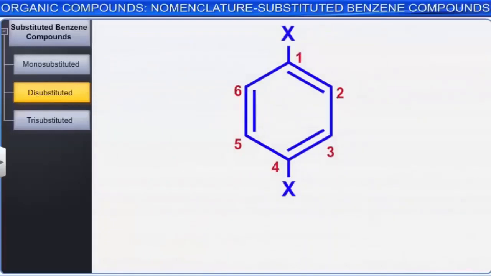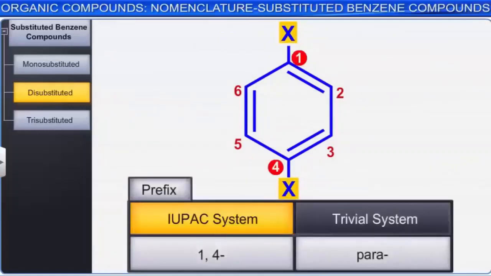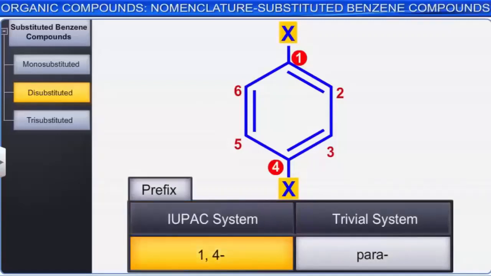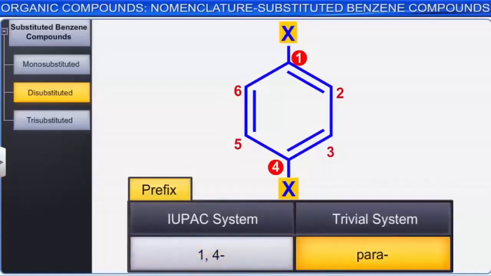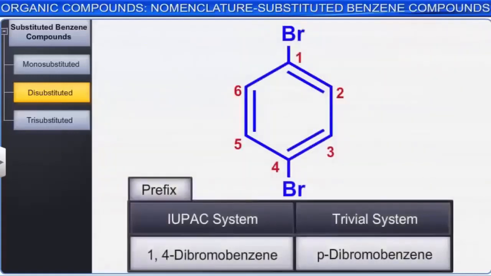When the substituents are present on diagonally opposite positions of the benzene ring, that is, at 1 and 4 positions, then, in the IUPAC system, the position of these substituents are indicated as 1, 4, and in the trivial system, the prefix para is used as shown here. For example, in this compound, the substituent bromine is present at 1 and 4 positions.